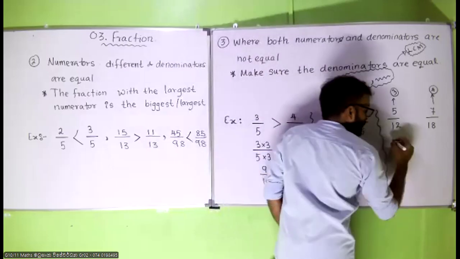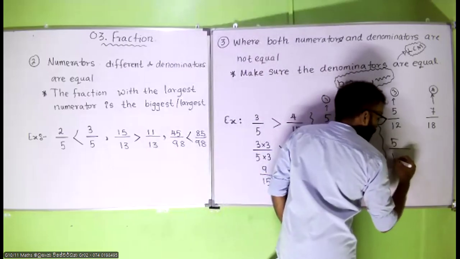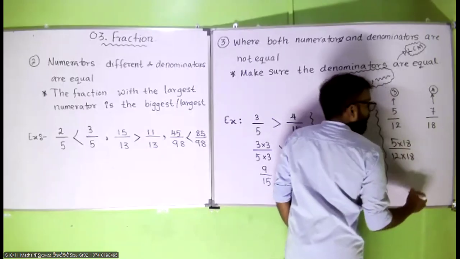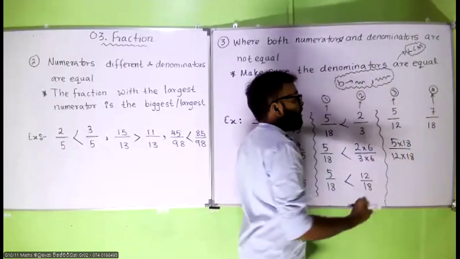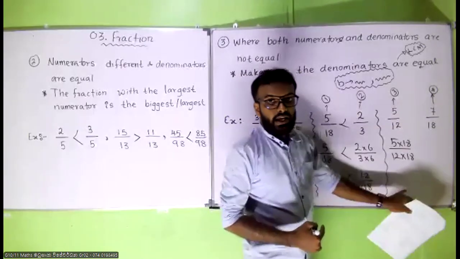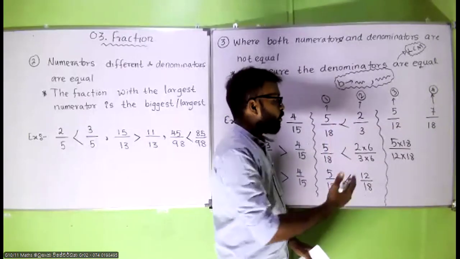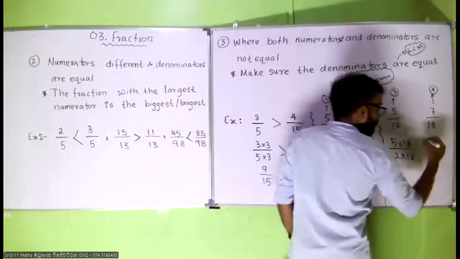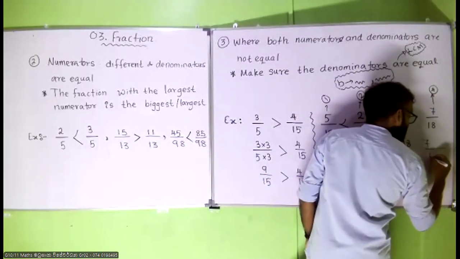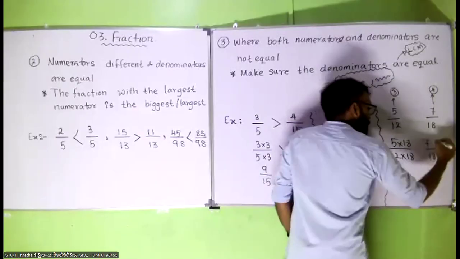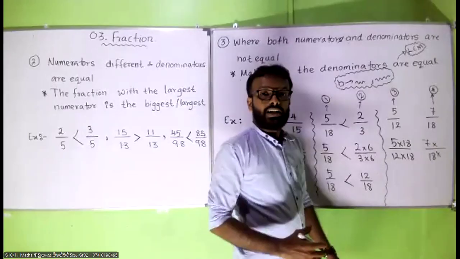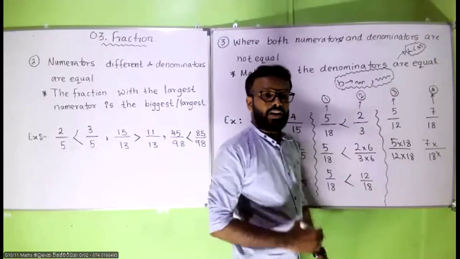Some of you might have done 5 upon 12 multiplied by 18, because this is the denominator of the other fraction, 18. Now very easy. I am going to multiply both numerator and denominator like that, and I am doing the same thing for this one as well. 7 upon 18, multiply both numerator and denominator by 12 so that I can get equal denominators.